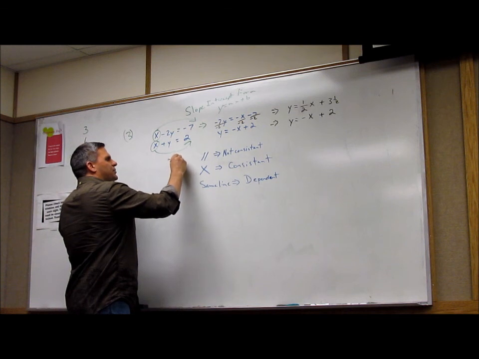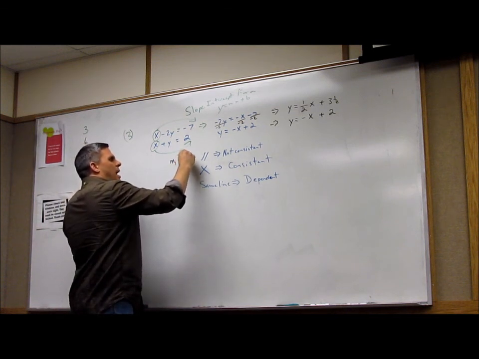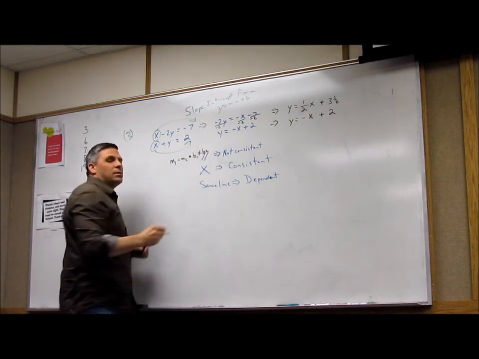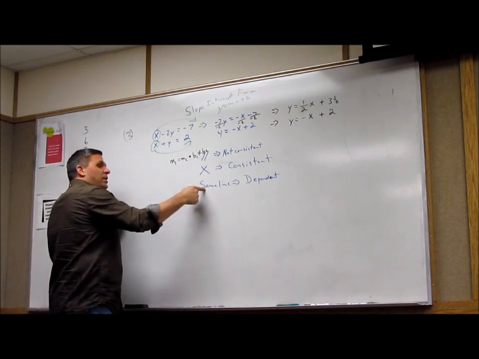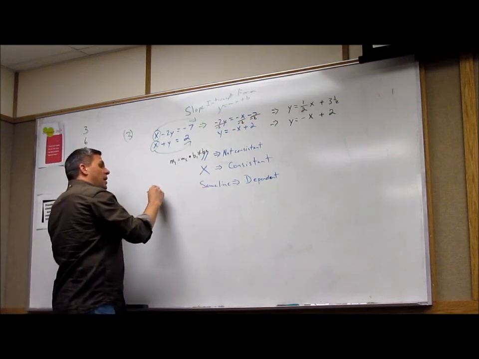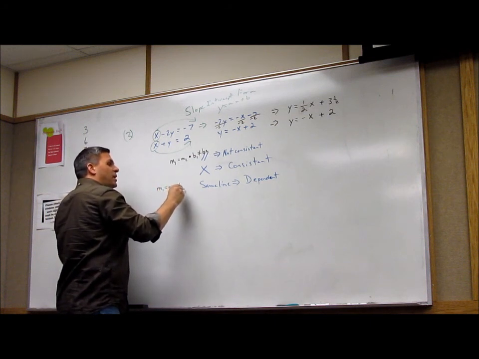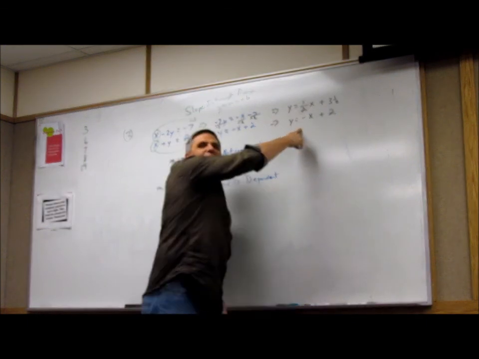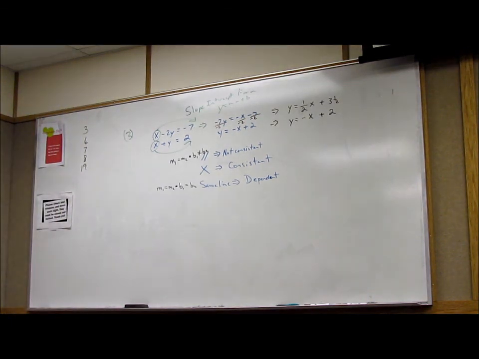Parallel is when M1 equals M2, and B1 does not equal B2. Whereas, when they're the same line, M1 equals M2, and B1 equals B2. These will be the same exact equation. They'll have the same slope, right? They'll have the same intercept.